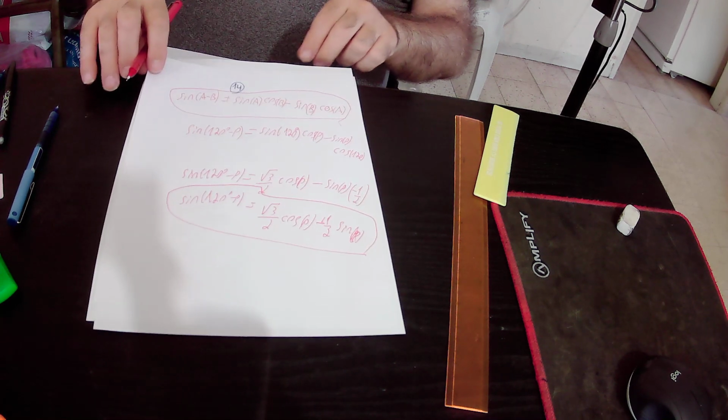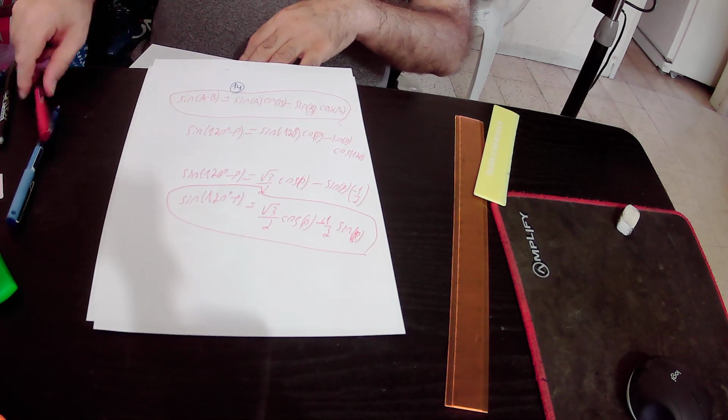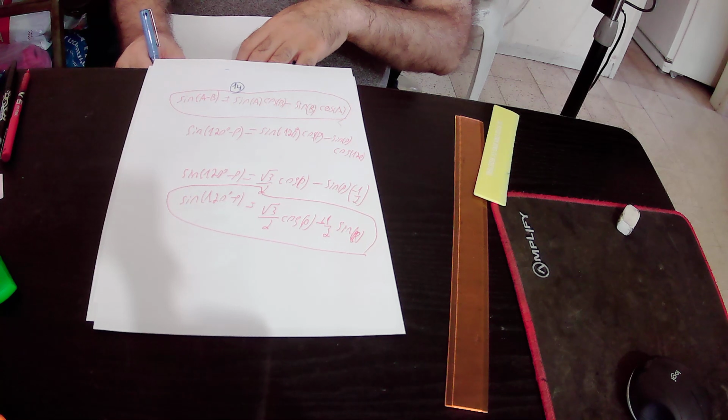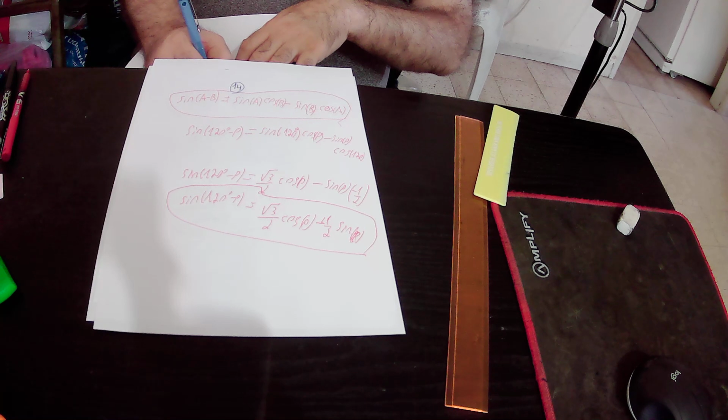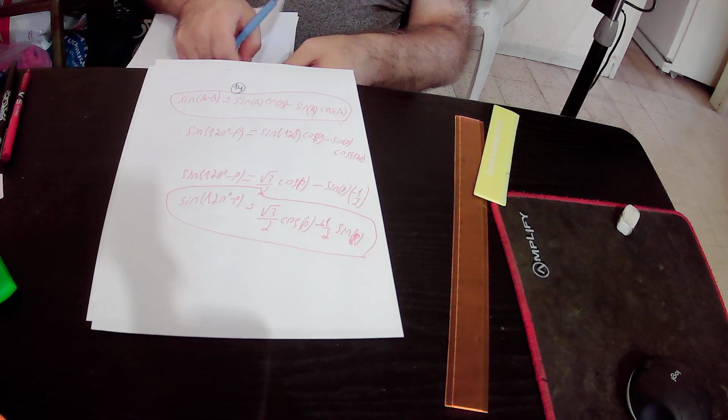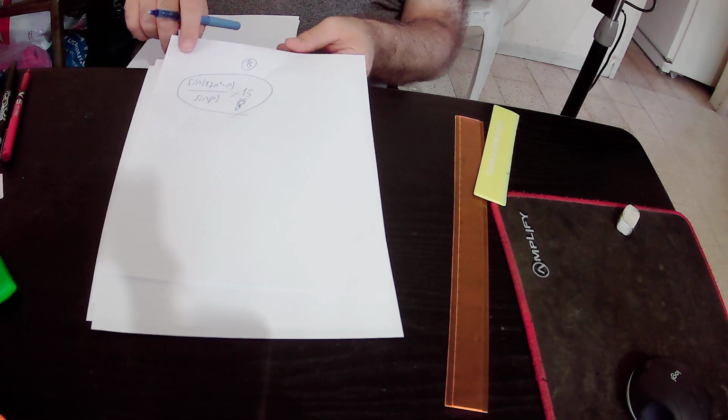But our original equality was that sine 120 degrees minus p over sine p equals 15 over 8. So that was our original identity.